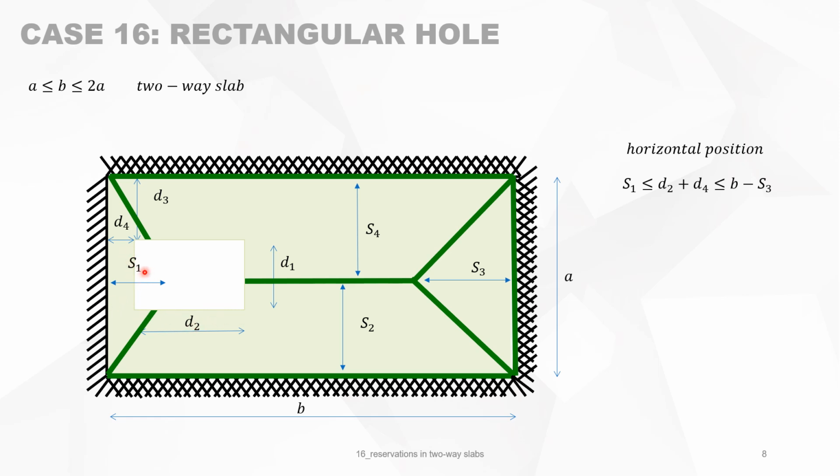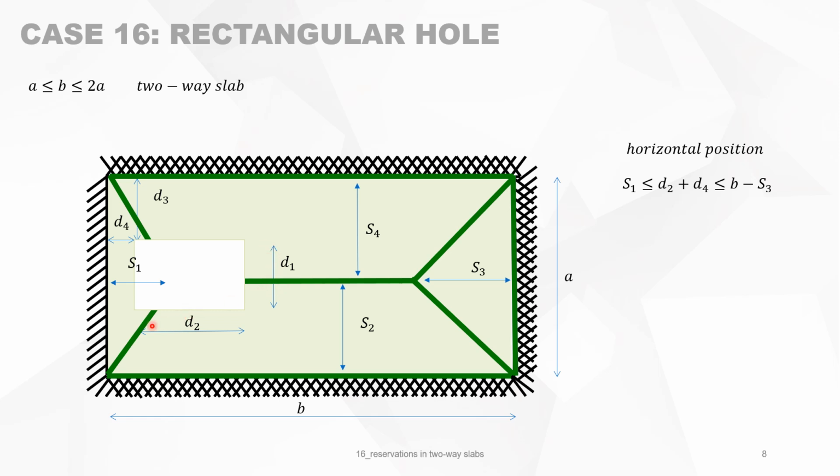It means this side of the reservation must be on the left-hand side of this yield line, and this side of the reservation must be on the left-hand side of this yield line. You do that because otherwise you have to split up all formulas and it gets very complicated.